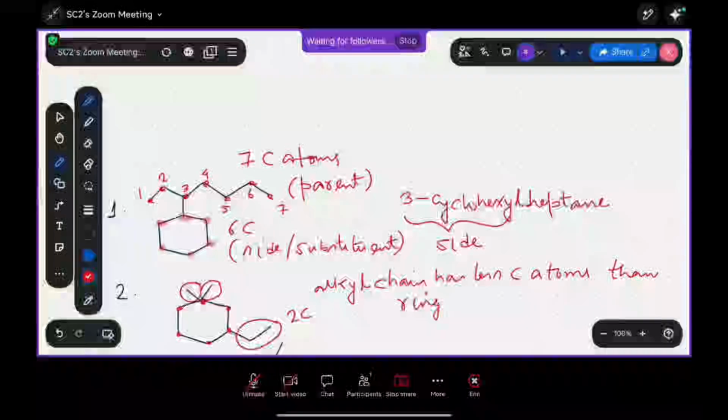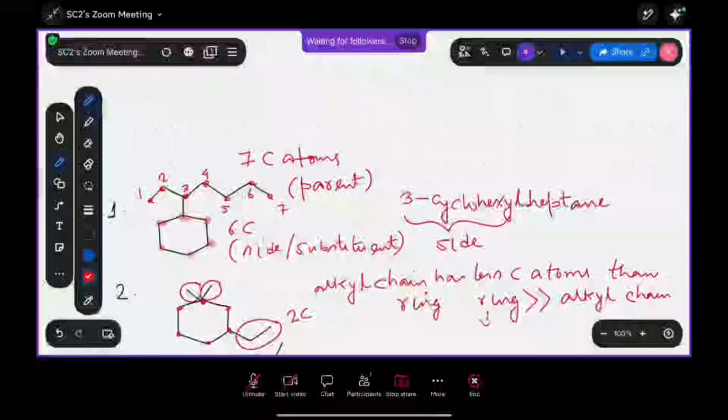Which means according to rule 1, ring will get more priority than the alkyl chain. Ring will get more priority, or we can say that the ring behaves as the parent chain, and the alkyl chain behaves as the side chain part.